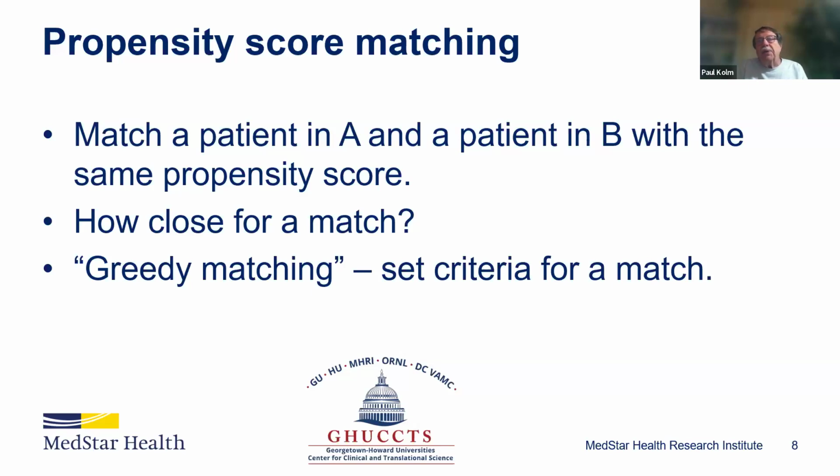Are we going to match within 10 to the minus 4 decimal places or 10 to the minus 6? That's a decision that we need to make in calculating whether propensity scores are the same in one patient in one group and one patient in the other group.